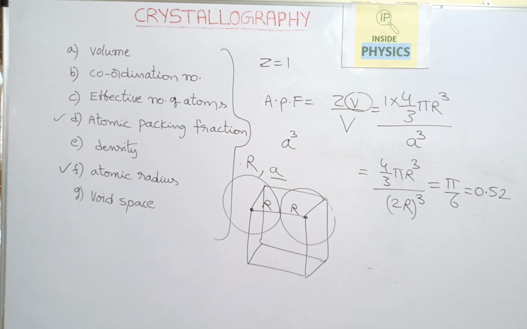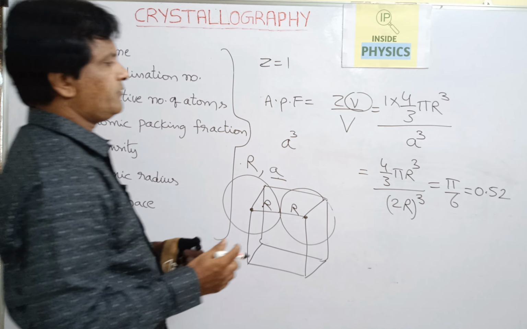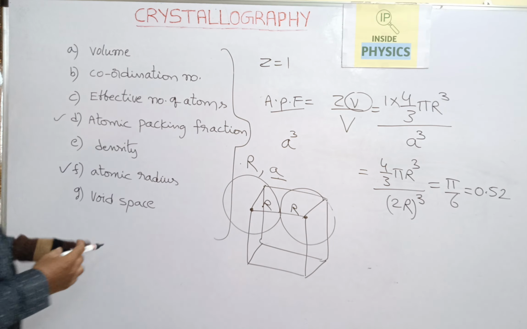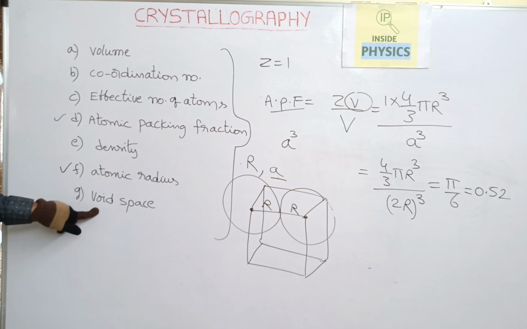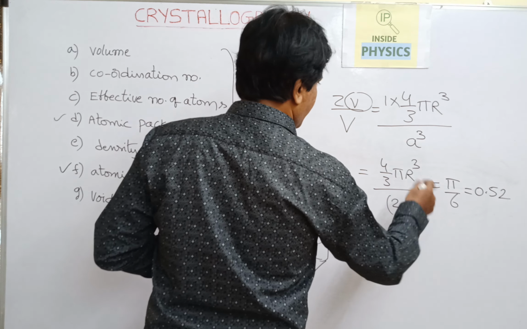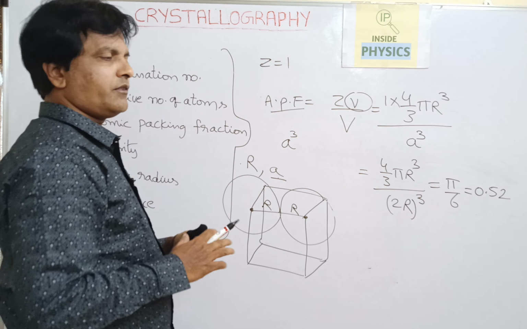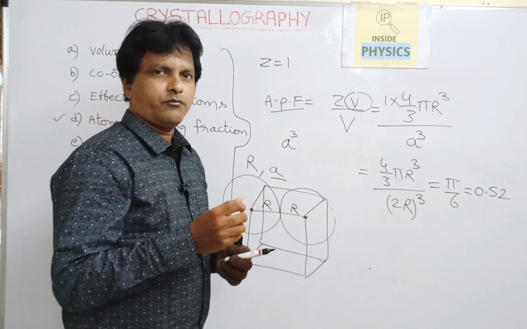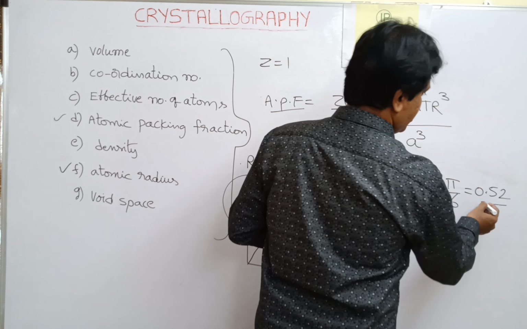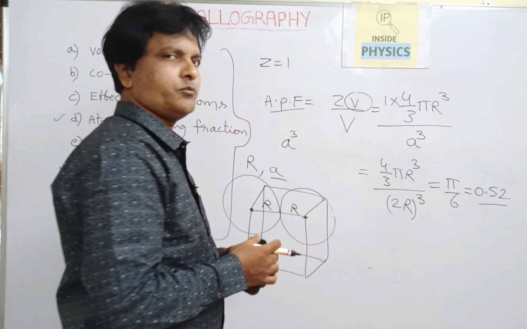So next, this is APF. What is void space here? Void space is nothing but the remaining part. The atomic volume is 52% inside the cube.